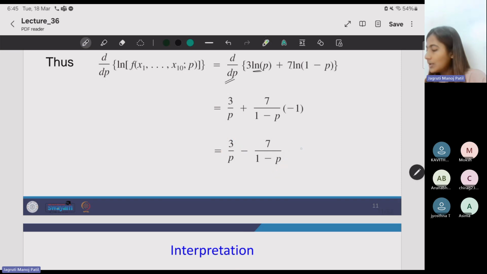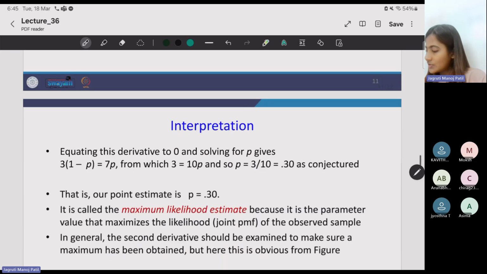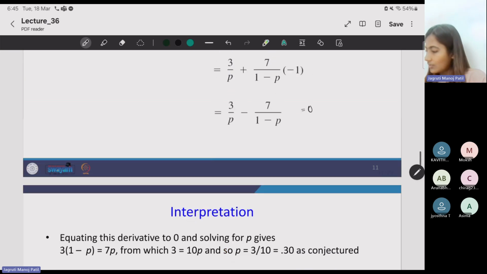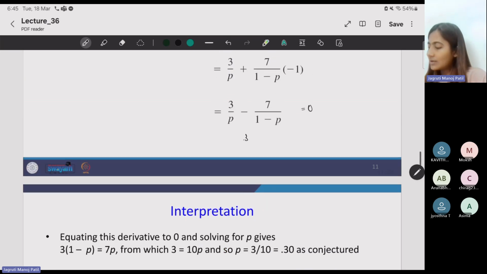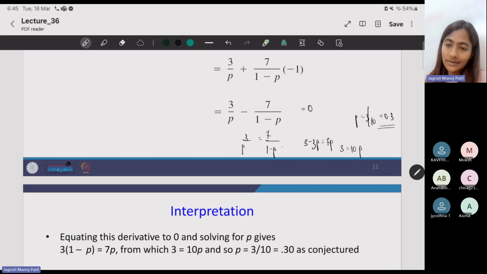Now you equate this term to 0, and you get 3 by p equals 7 by 1 minus p. So 3 minus 3p equals 7p, 3 equals 10p, so your p is equal to 3 by 10. The probability that you get for this binomial distribution is 0.3.